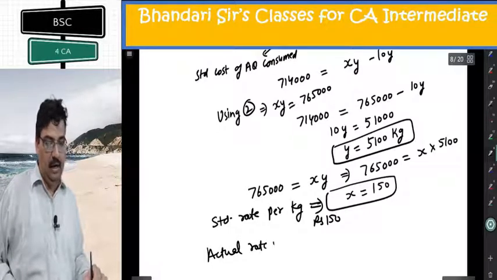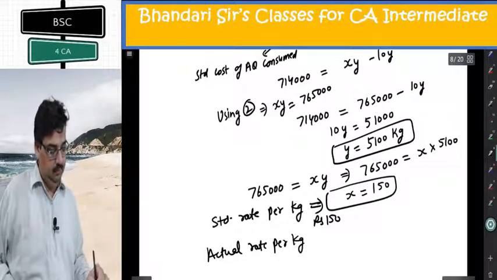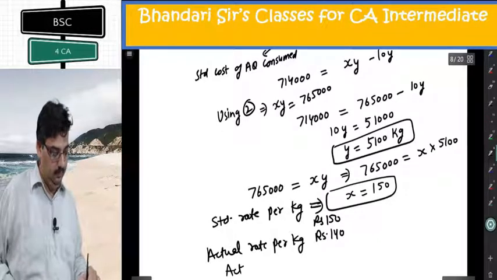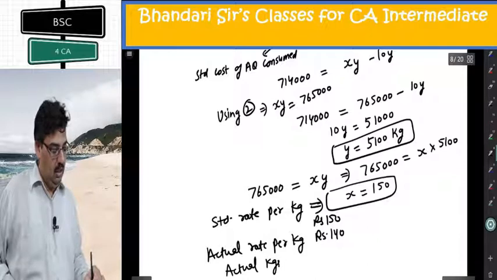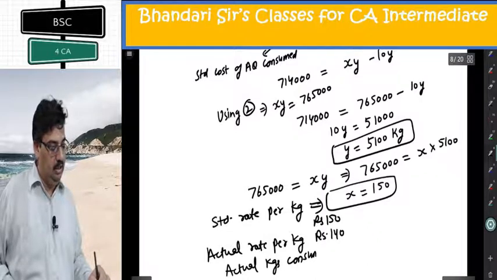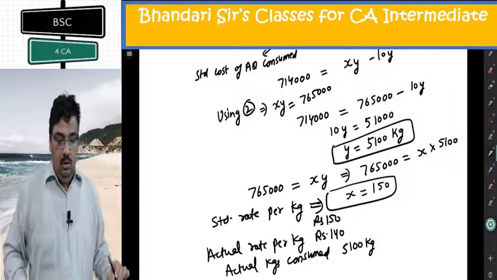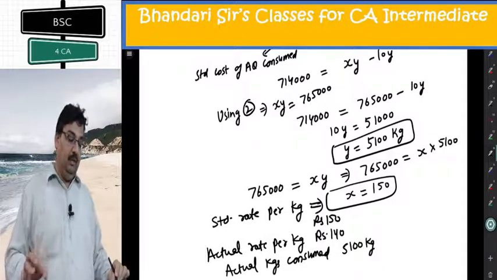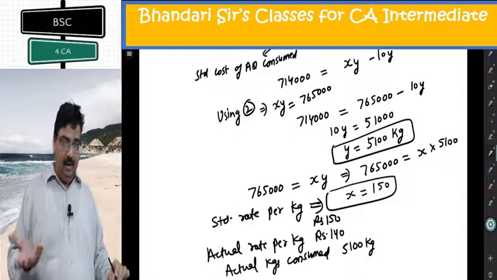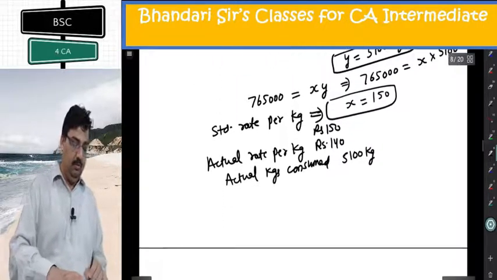Actual rate per kg, 10 rupees less, 140. Actual kgs consumed 5,100 kg. Now having computed that, I get all the steps with me.